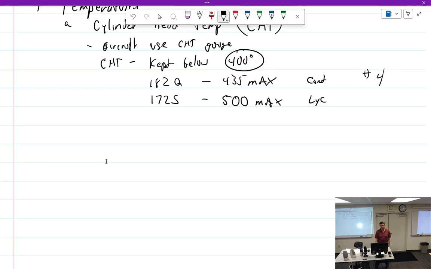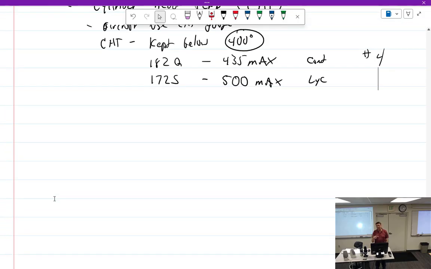The 172S is a Lycoming 4-cylinder, probably number 3 or 4. They probably put all the probes on, fly it, and say okay, that's the hottest, it's going right there. So you can't change it around.